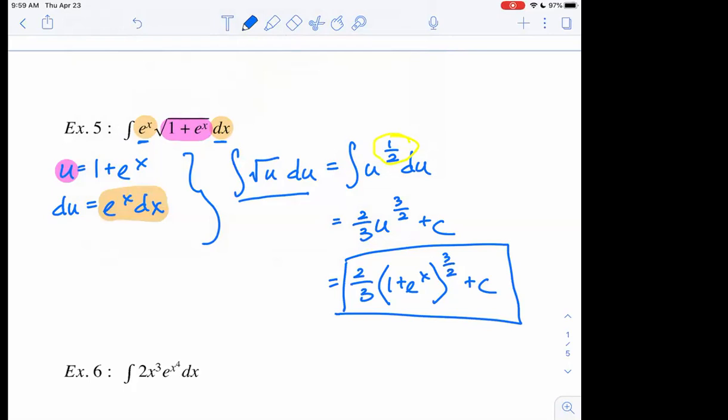That got me a new power of 3/2. And then I knew the coefficient in the front needed to be the reciprocal. So the reciprocal of 3/2 is 2/3. And then my last step was to plug in my 1 plus e to the x back in. All right, so that's what I got for my final answer. Does anyone have any questions on number 5?